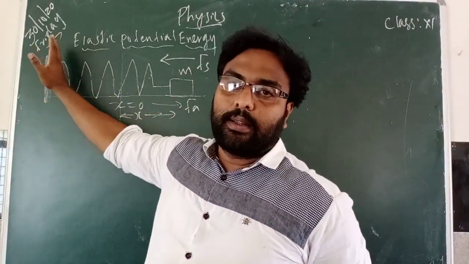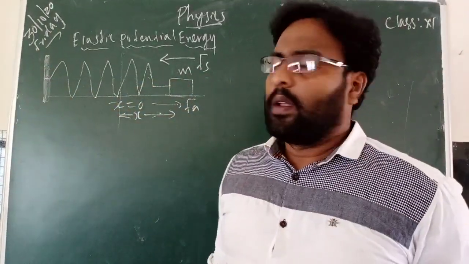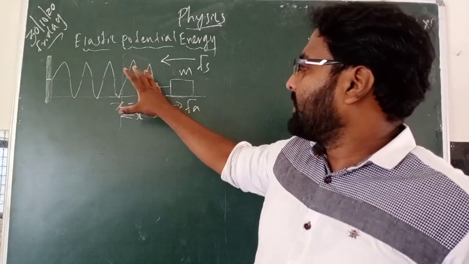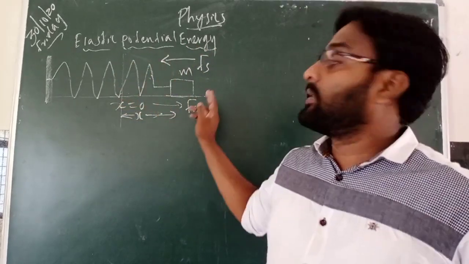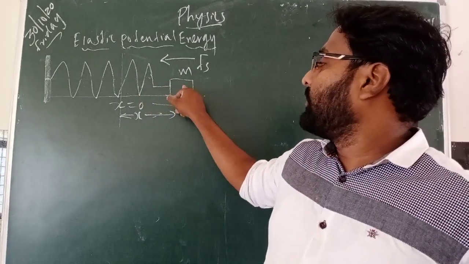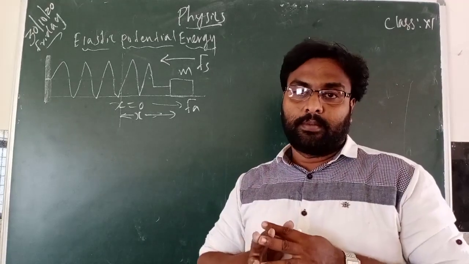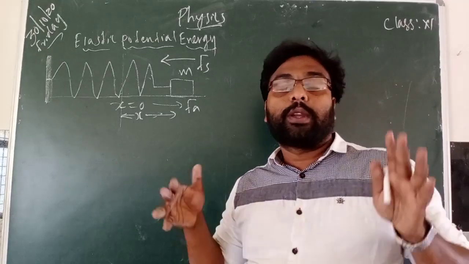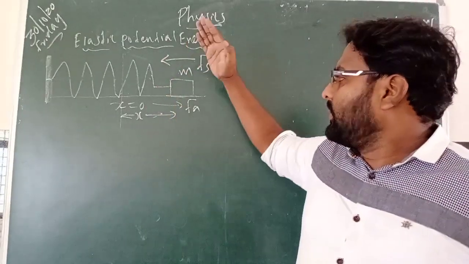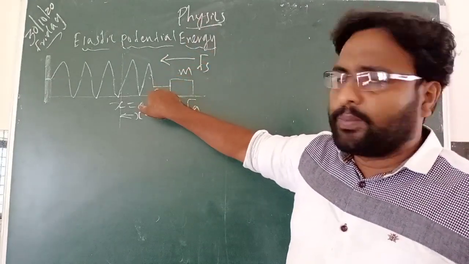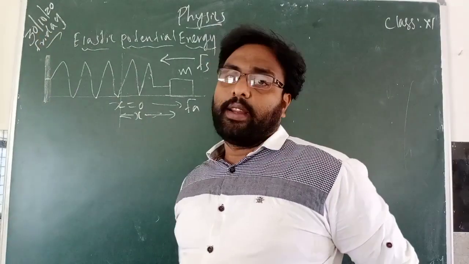This is a vertical wall, this is a horizontal plane. One spring is attached. So consider a spring mass system. A spring is attached with a mass. Here you can see the mass is attached to a spring, and the spring is attached to a vertical wall.